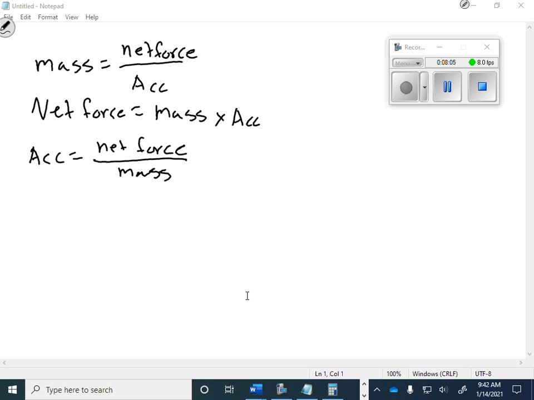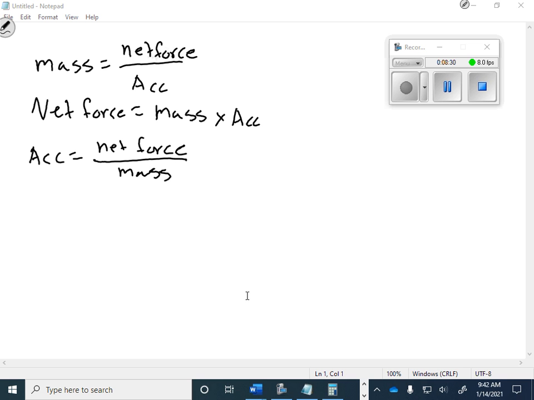So let's do one off of the sheet itself, number 1. It says determine the accelerations that result when a 12 Newton net force is applied to a 3 kilogram object and then to a 6 kilogram object. So it wants us to find 2 accelerations, one for each object.